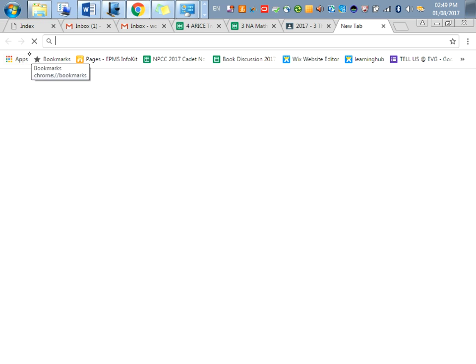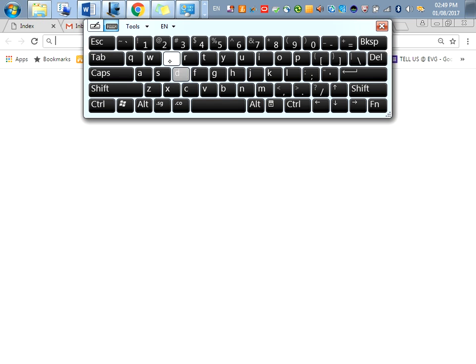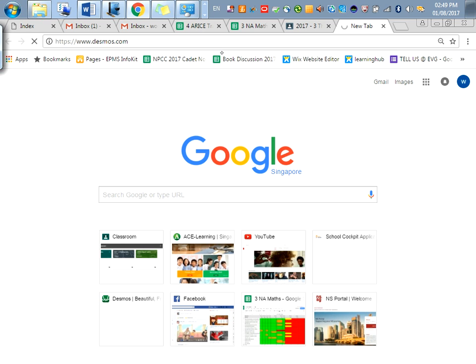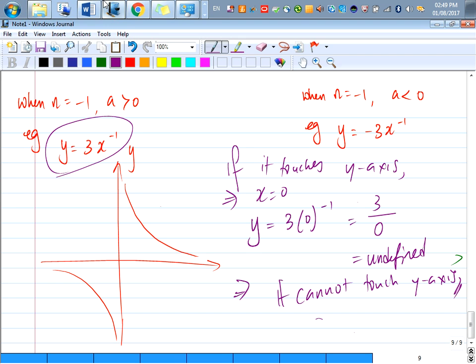Hey, why don't you believe me? Then you rather believe these decimals. Okay, what is it that you want? y equals to 3x power negative 1.